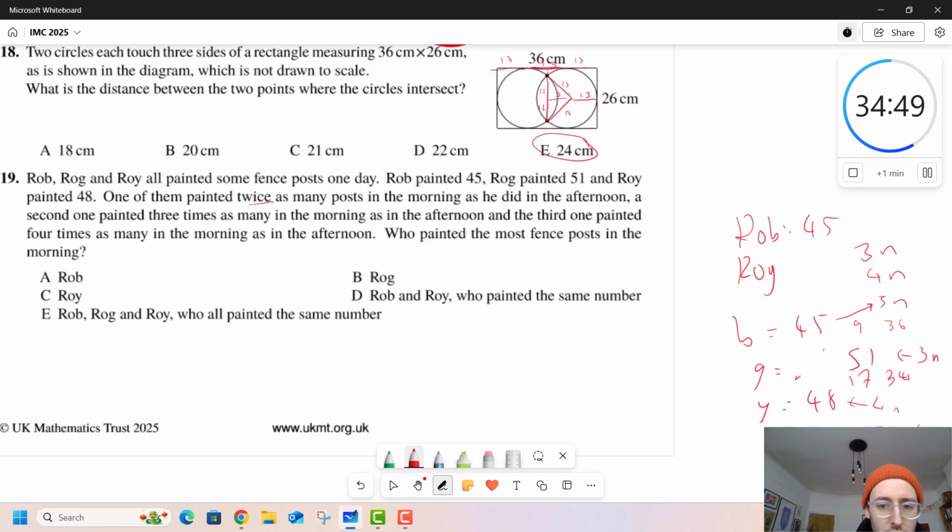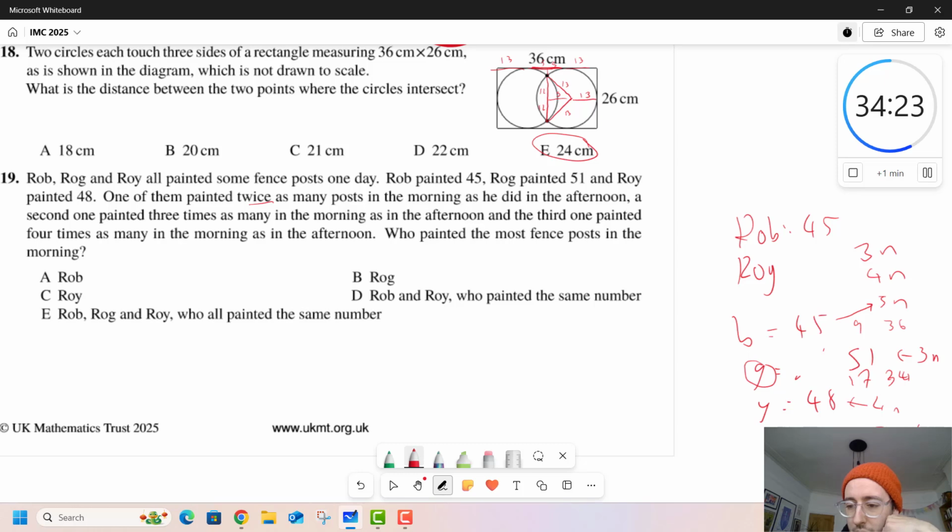So who painted the most in the morning? This guy. That's interesting, because this one's only divisible by 5, so he does 9 and then does 4 times more, which is 36, which makes 45. Here he does 17 and then twice as many in the afternoon, so 17 in the morning, 34 in the afternoon, gets to 51.